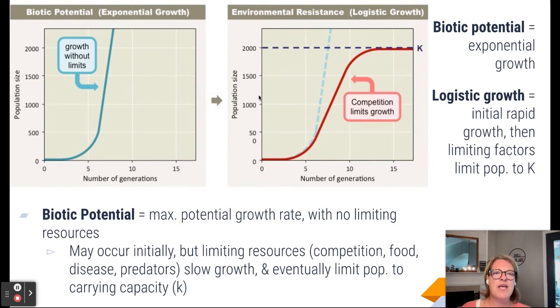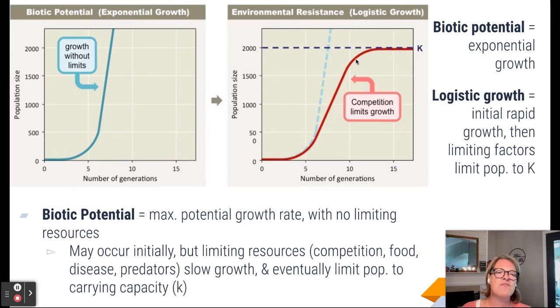And then when we do have this environmental resistance or limiting factors, that's where we get the carrying capacity, which comes into play here. And so we'll initially have exponential growth. This is what it would be without resources. It's showing you the blue dotted line here.